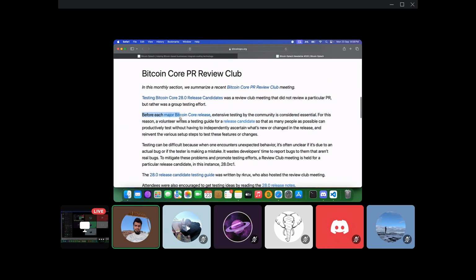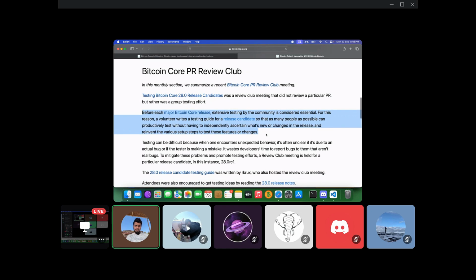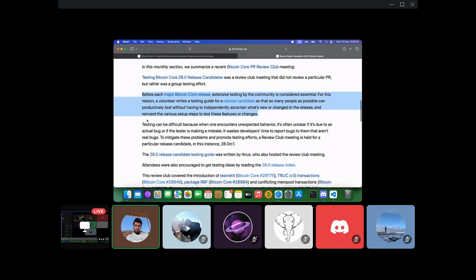Before each major Bitcoin Core release, extensive testing by the community is considered essential. For this reason, a volunteer writes a testing guide for a release candidate so that as many people as possible can productively test without having to independently ascertain what's new or changed in the release and reinvent the various set of steps to test these features or changes.